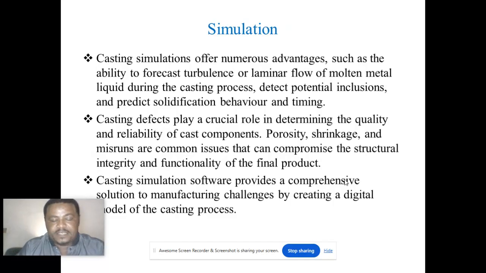Simulation. Casting simulation offers numerous advantages, such as the ability to forecast turbulence or laminar flow of molten metal liquid during the casting process, detect potential inclusions, and predict solidification behavior and timing. Casting defects play a crucial role in determining the quality and reliability of casting components.